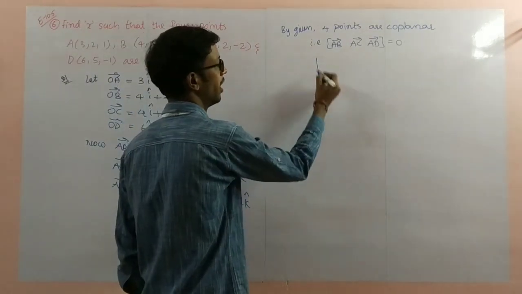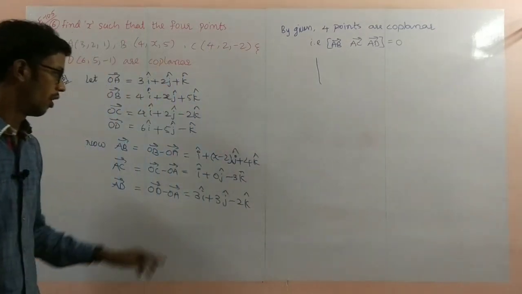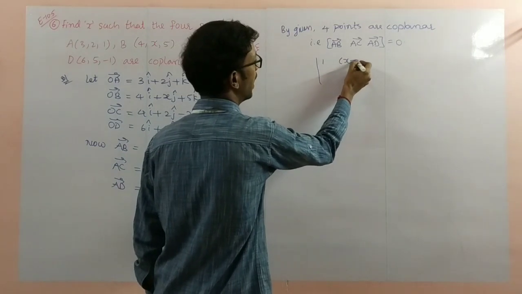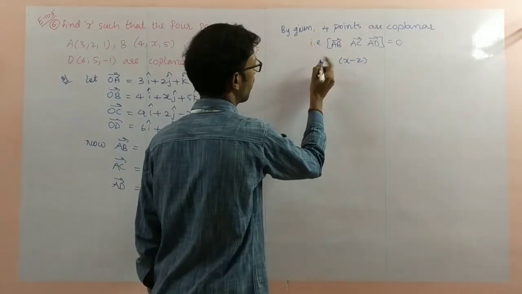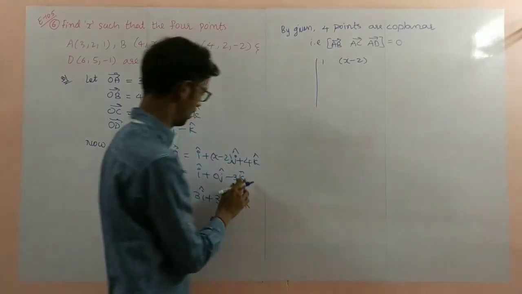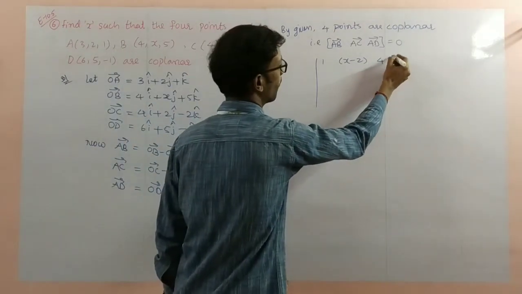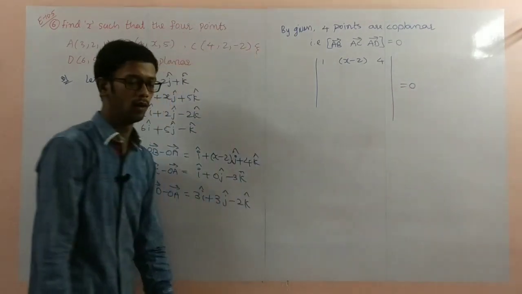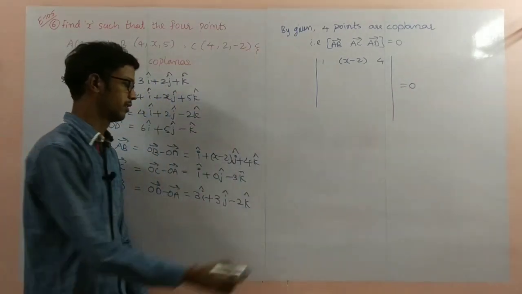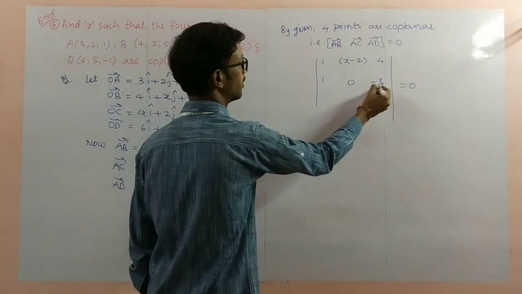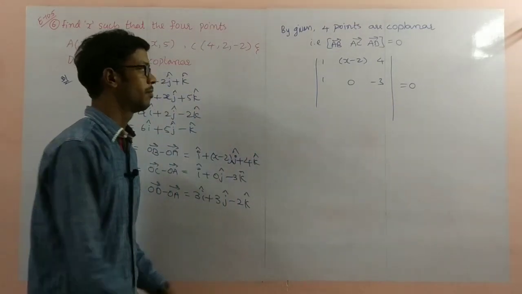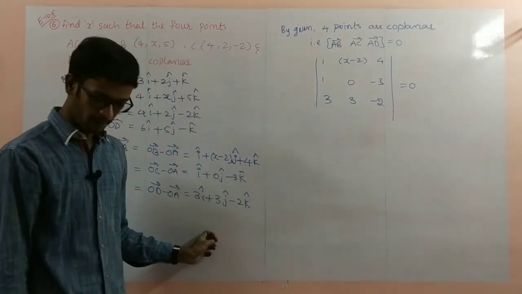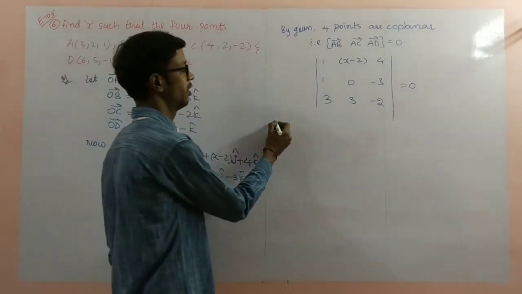So that is determinant of coefficients here: 1, x minus 2, 4 is equal to 0. Next here 1, 0, minus 3. Then 3, 3, minus 2. So now simplify this one.